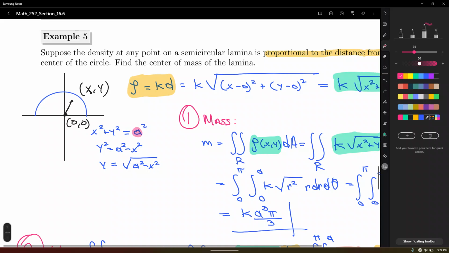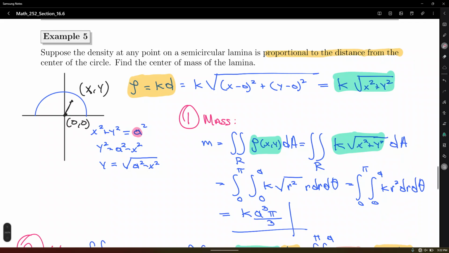So iterating this double integral for the semicircle, we will go for the limit from 0 to a, the radius of the circle. And the angle, isn't that going to go between 0 and pi radians? Because that's only the upper semicircle, so that explains this 0 to pi for the outer limits of integration.